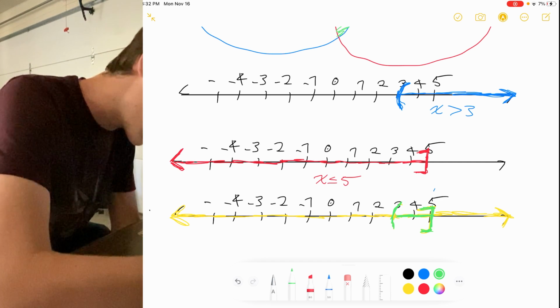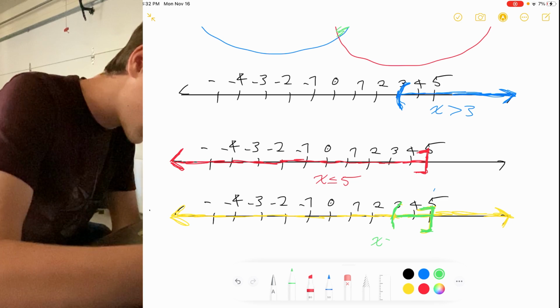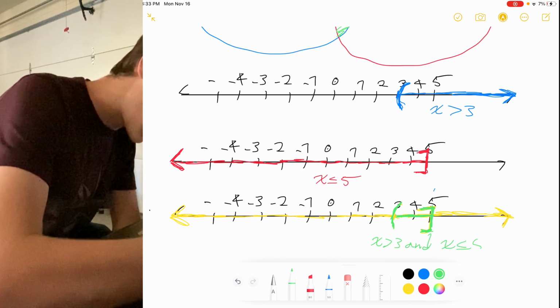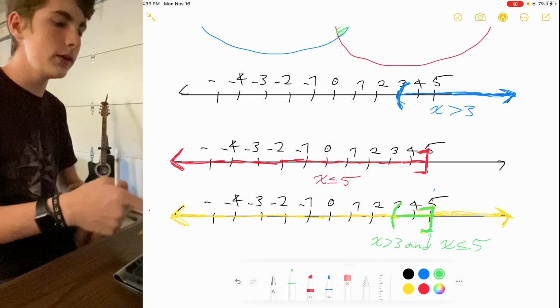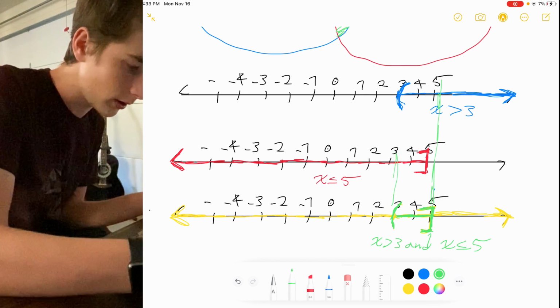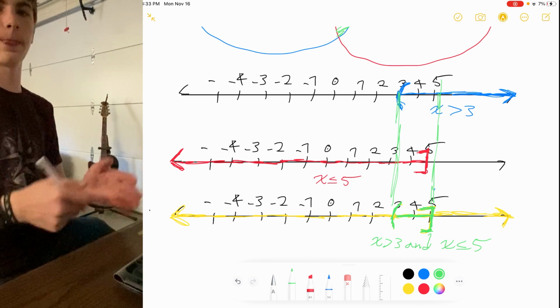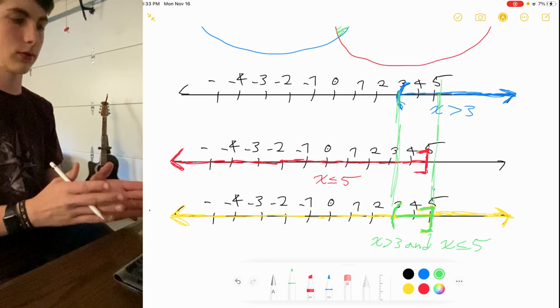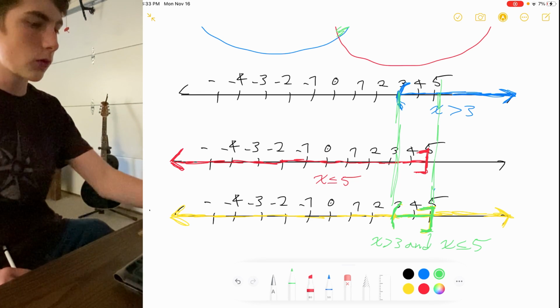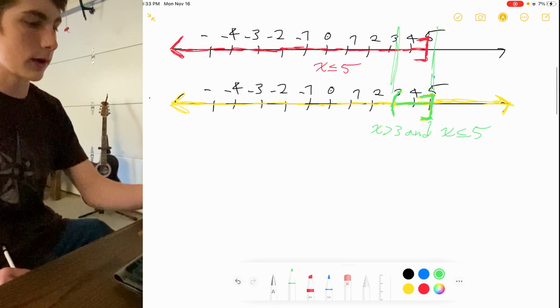So you can see that this, which is x is greater than 3 and x is less than or equal to 5, is really just where these two up here overlap each other. So that is how AND works, and OR works a little bit differently. I'll get to that in a second.